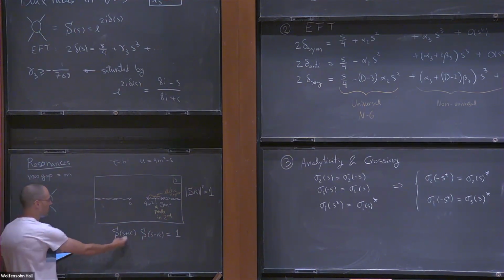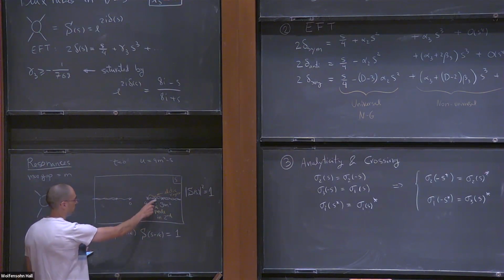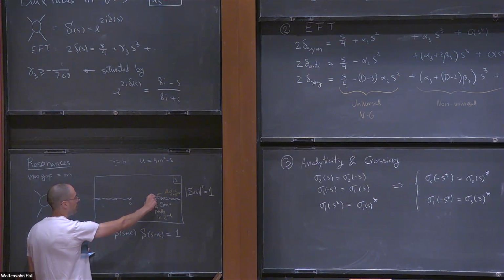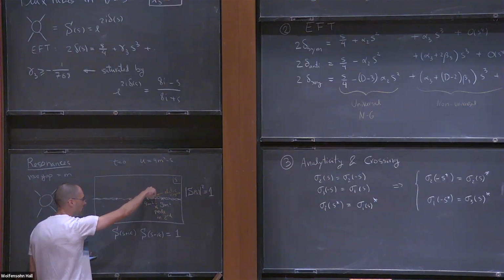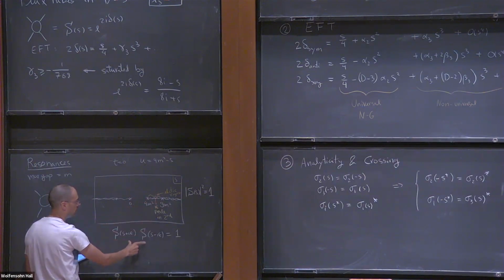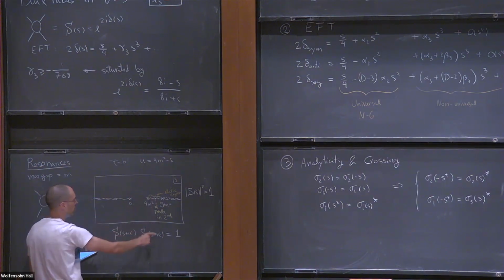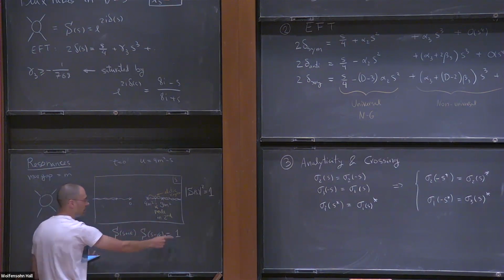But now look at this equation. S just below the cut and S above the cut, they are the same. So now if one of them enters the cut, one will be on the first sheet and the other one will be on the second sheet. But this is an analytic equation, so this equality will be maintained. And so when one diverges, the other one has to vanish so that the product is one.